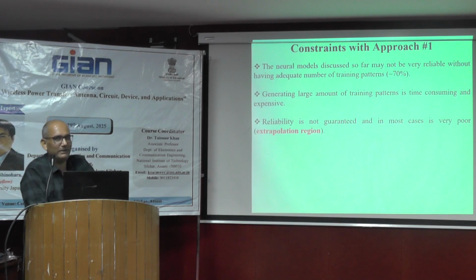If the geometry is very complicated, each structure may take more than an hour, and you need to generate thousands of structures for creating a sufficient number of data patterns. In that way, generating a large amount of training patterns is time consuming and expensive.